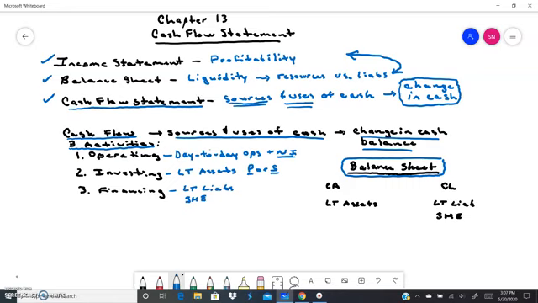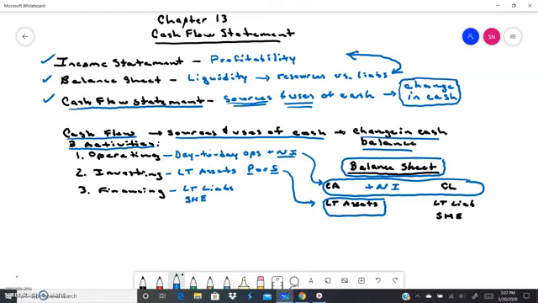So for operating activities, we are going to be focused on all the changes in current assets and current liabilities and net income. For investing activities, we're going to be focusing on all the changes in long-term assets. And for financing activities, we're going to be focusing on all the changes in long-term liabilities and shareholders' equity.